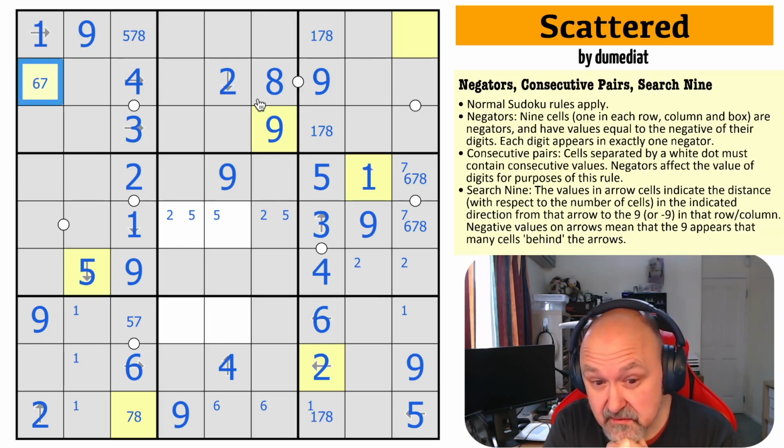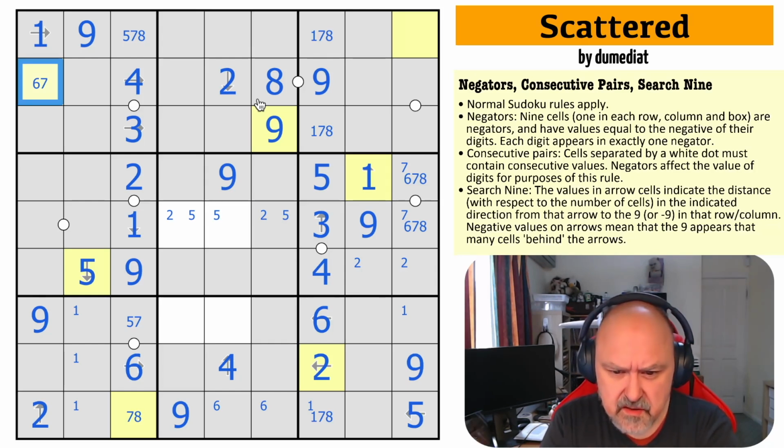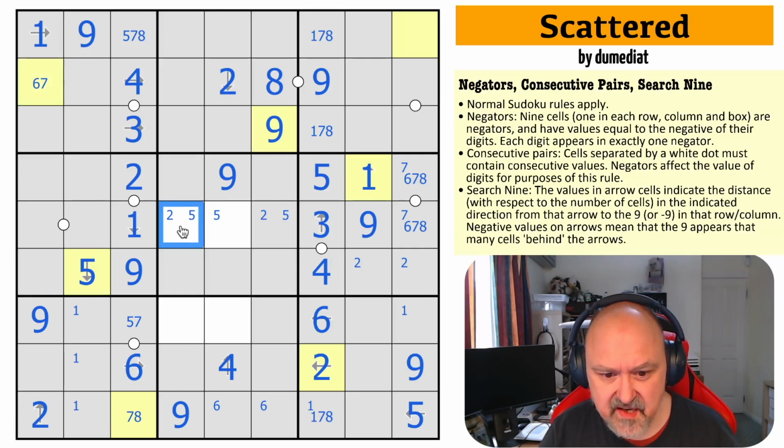But so there's got to be a 4 in a negator somewhere. It's either in here, because I can't put it in here, or up here.